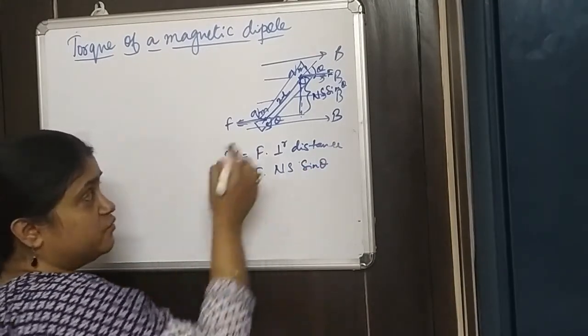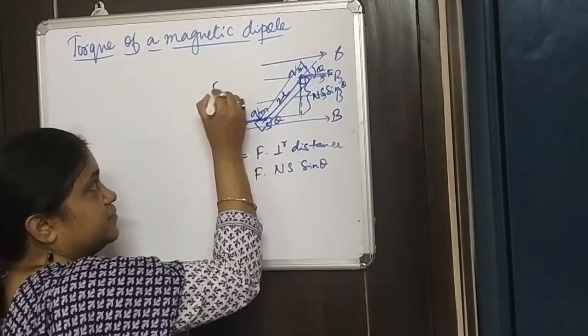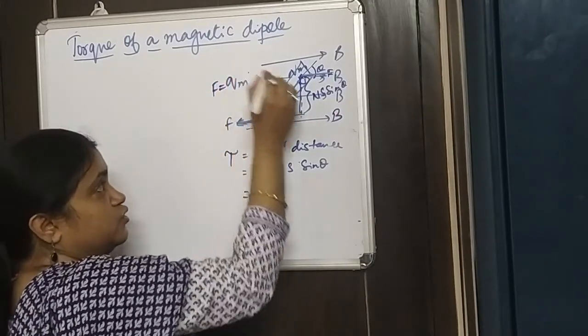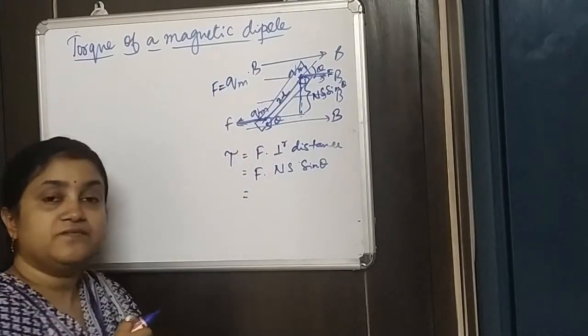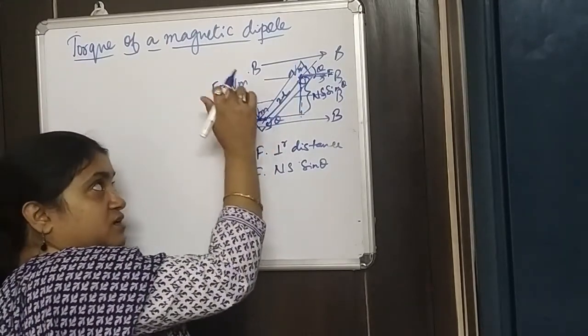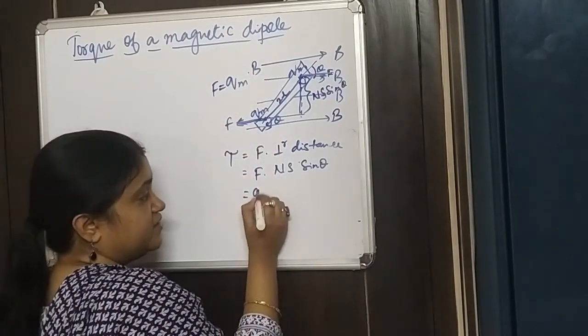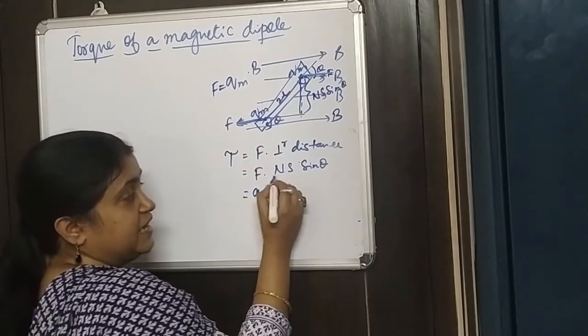Now what is F? What force does it feel? The force is nothing but, as we already know, QM into the magnetic field B. So these poles will feel this force, the pole strength into field. So I can write it as QM into B into NS sine theta.